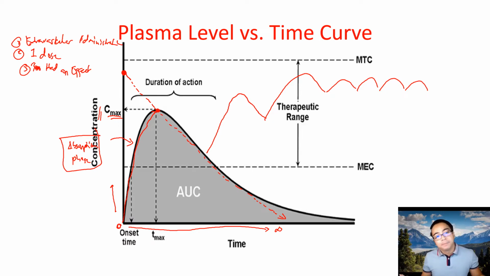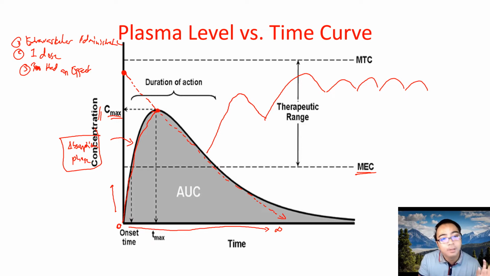Right? Now, another thing that I know class for a fact, just by simply looking at the graph, I know that the drug took effect for one main reason. It went above the MEC. Remember kasi MEC is the minimum effective concentration. MTC would be the minimum toxic concentration.